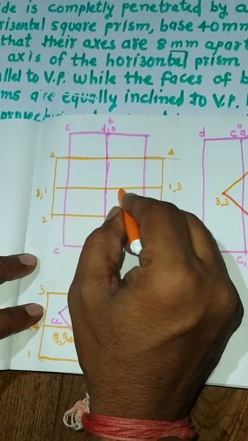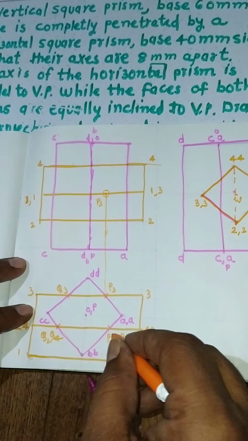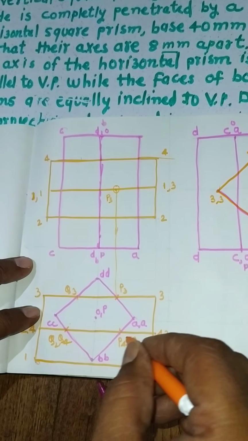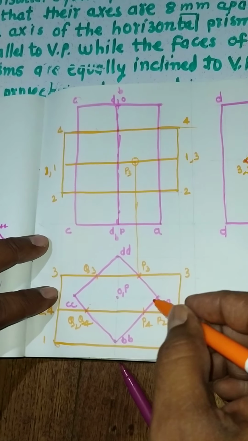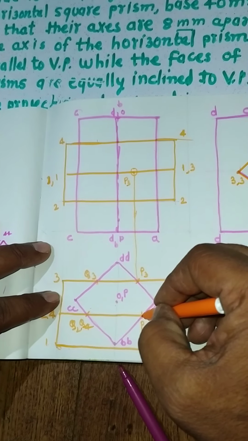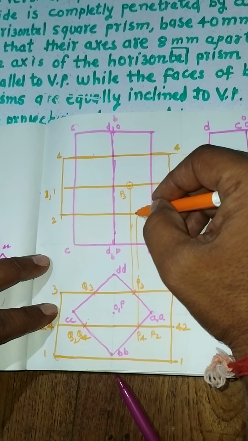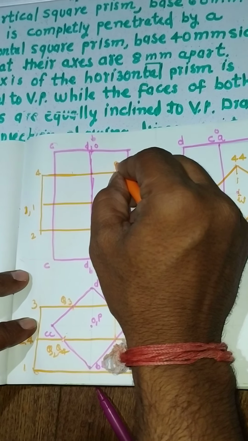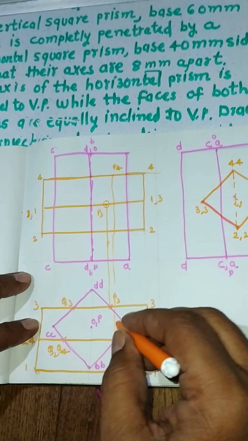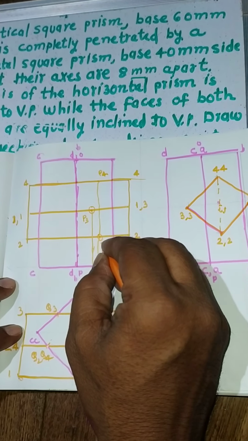Why have I named P4? Because it is lying on the 4-4 edge. Why P2? Because it is lying on the 2-2 edge. So I will transfer the points onto the same numbers. P4 will be transferred on the edge 4-4 and P2 on the edge 2-2.